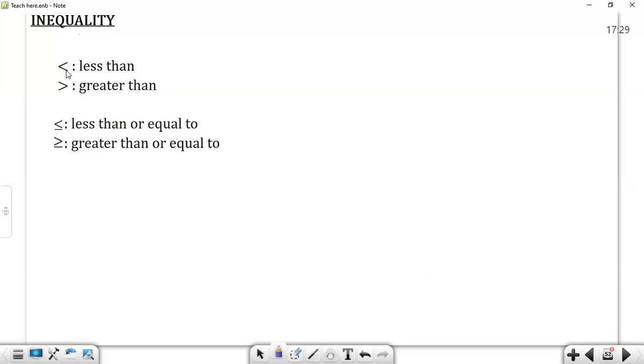Whenever this sign is written, it means that, let's say there are two quantities, A and B, this sign is stating that A is lesser than B. And simultaneously, it is also saying that B is greater than A.